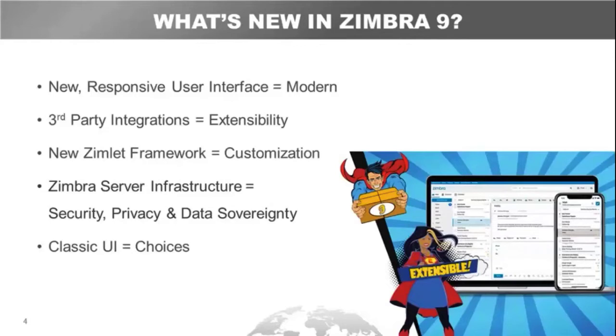The new Zimbra 9 Zimlet framework provides enhanced levels of customization. Zimbra has improved the Zimlet framework, making it simpler and quicker for developers to implement their own Zimlets. Zimbra 9's server architecture features the highest levels of security, privacy, and data sovereignty ever.